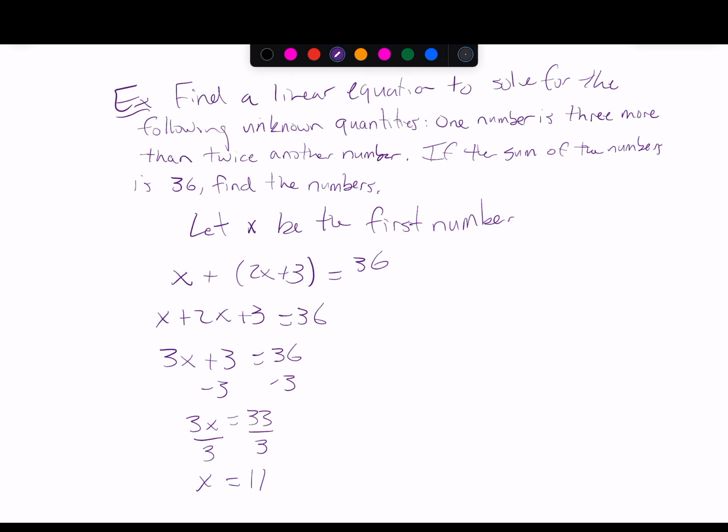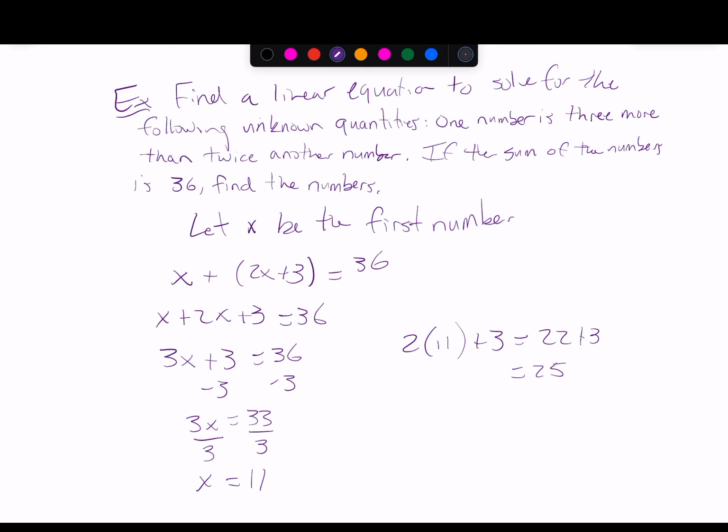So our first number is 11, and our other number is 2 times 11 plus 3, or 22 plus 3, which is 25. So it's 3 more than twice the first number.